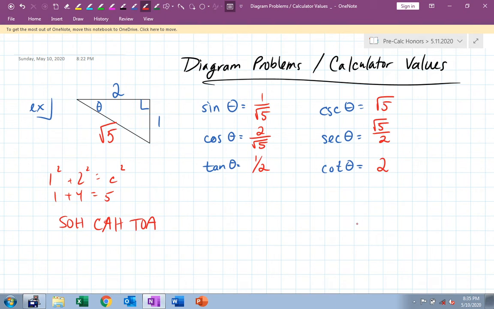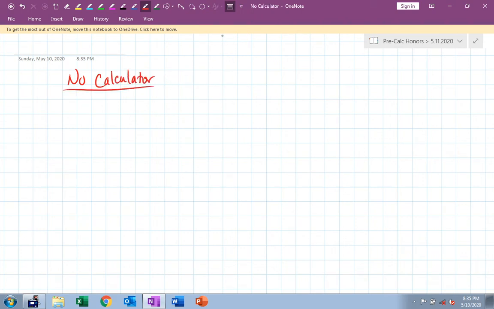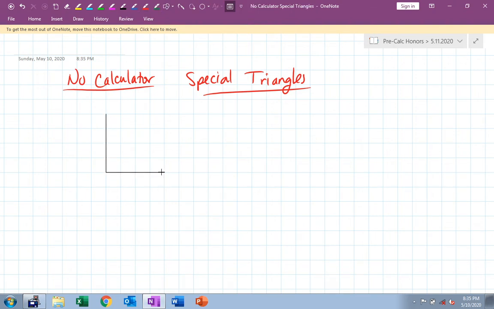But these are actually going to be the basis of some special triangles we're going to be talking about. And these kinds of triangles I would expect you to be able to do without a calculator. All right, these are special triangles. And in geometry, you talk about these triangles, the 45, 45, 90, and then you have a 30, 60, 90.